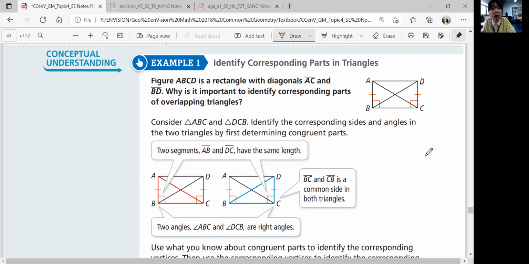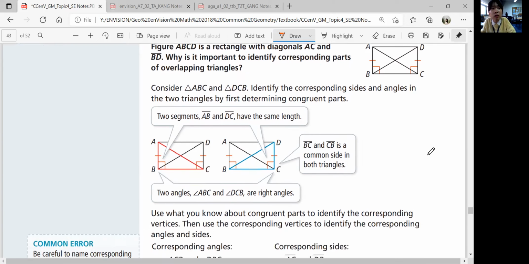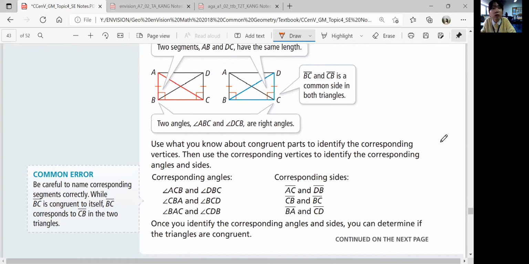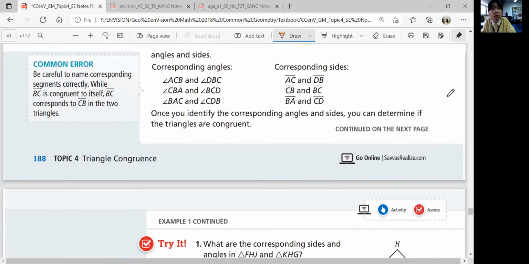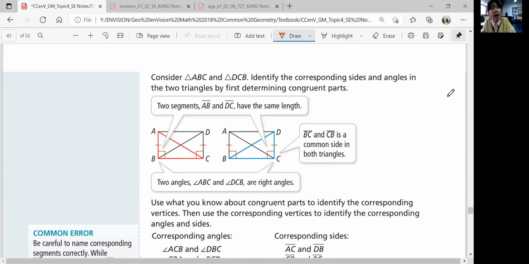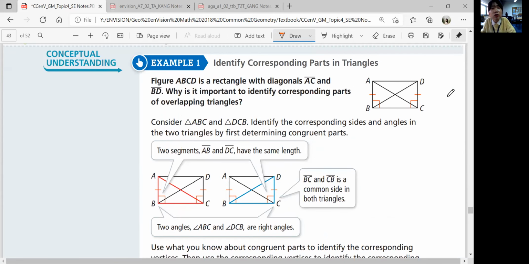So using the parts, you can determine if the triangles are congruent or not using the corresponding theorems, right? So if you identify the information, then you should be able to prove if the triangles are congruent or not.